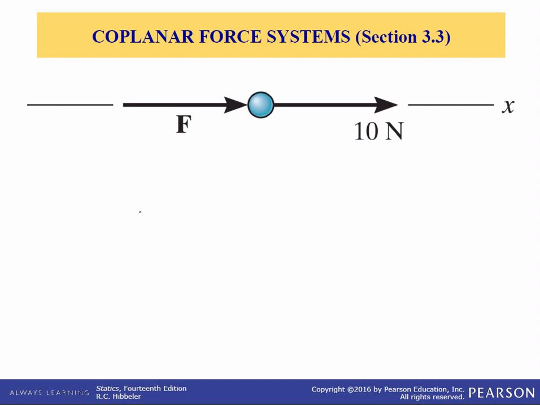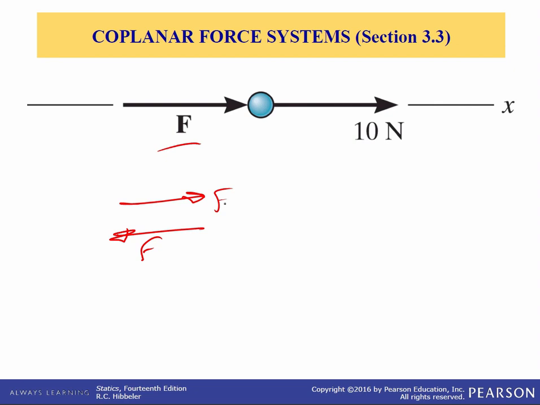It's important to note that if a force has an unknown magnitude, for instance in this case here F, then the arrowhead sense of the force on the free body diagram can be assumed. That means you can draw F in this direction or in the opposite direction.